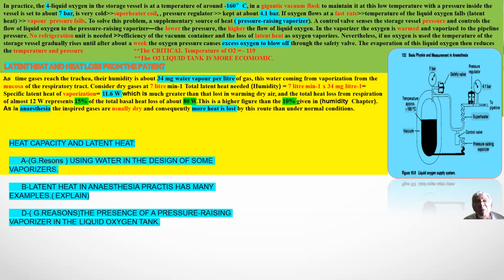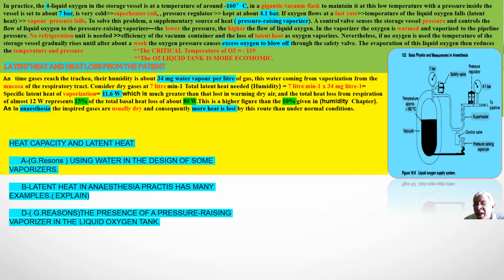Now we come to the fourth item regarding this system, the oxygen tank. As you can see, the oxygen tank is based on the critical temperature of oxygen, which is minus 119. You ought to memorize this. The liquid tank is much more economic than cylinders.